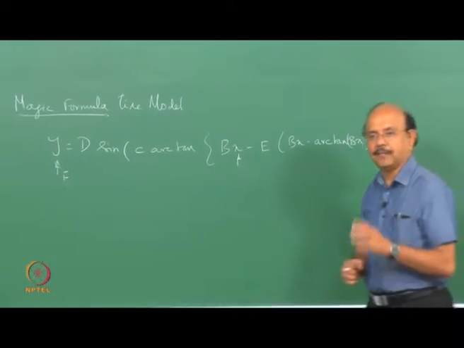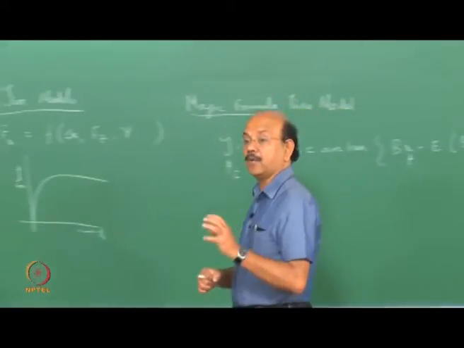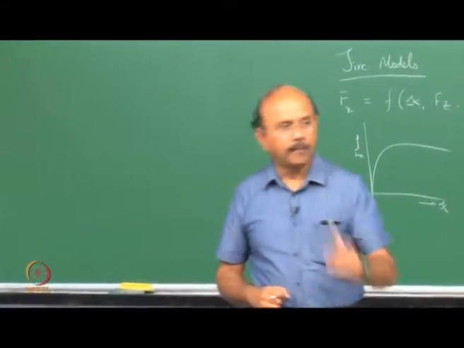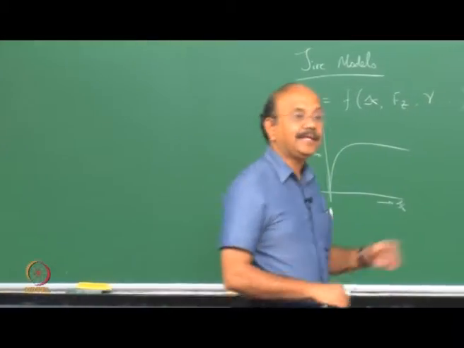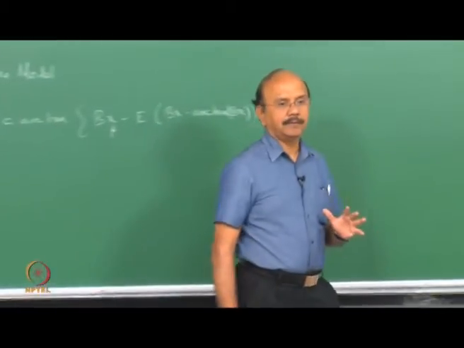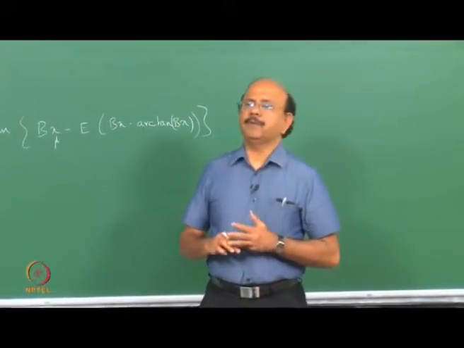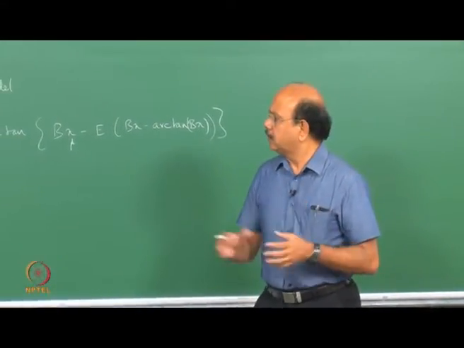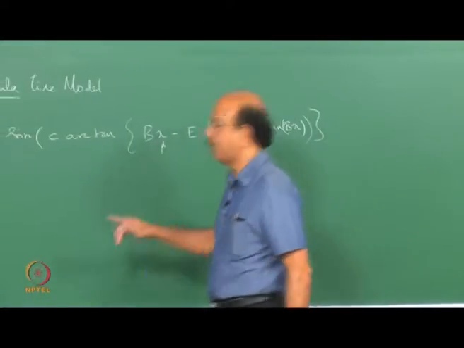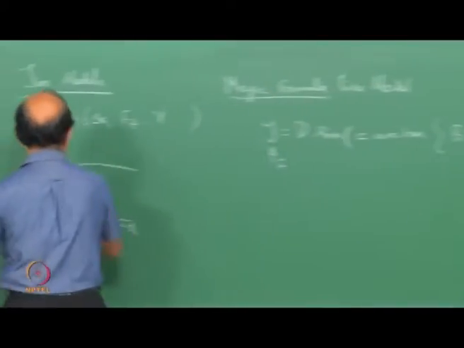We'll see that. But these are values which vary with, of course, Fz, the normal force, and they take different forms. So in very simple terms, I put down a formula and I have 3 different curves.